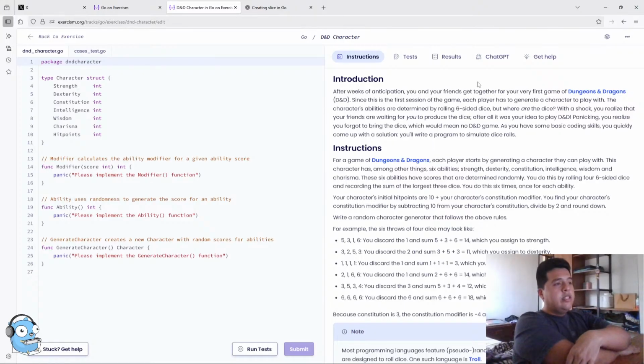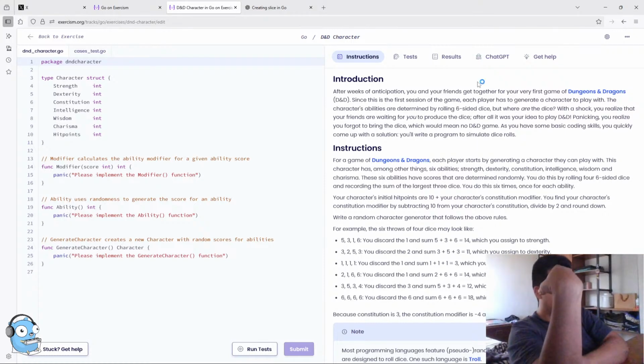For example, the 6 throws of 4 dice may look like 5, 3, 1, 6. You discard the 1 and assume 5, 3, 6. 14, which you assign to strength. 3, 3, 2, 5, 3. You discard the 2 and assume the 3, 5, 3. 11, which you assign to dexterity. 1, 1, 1, 1.